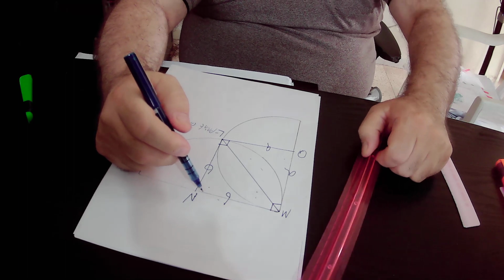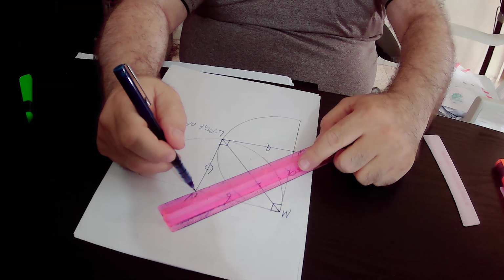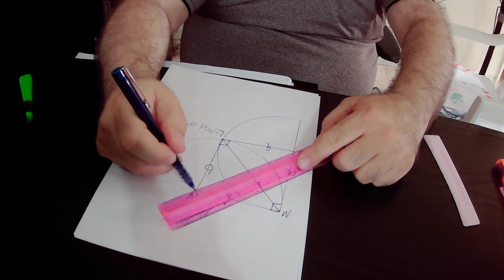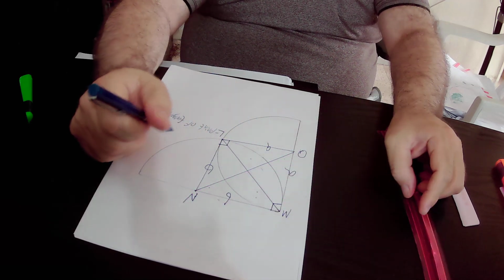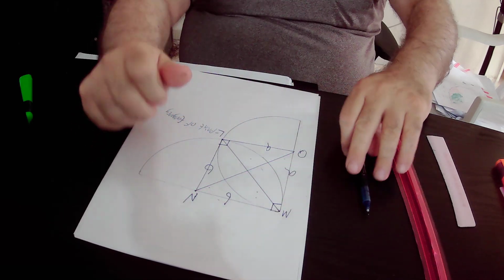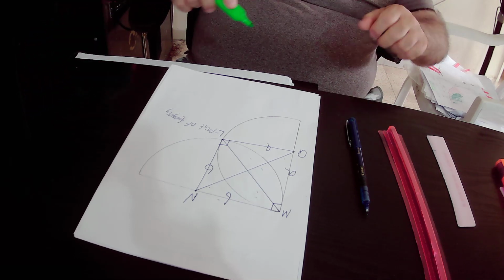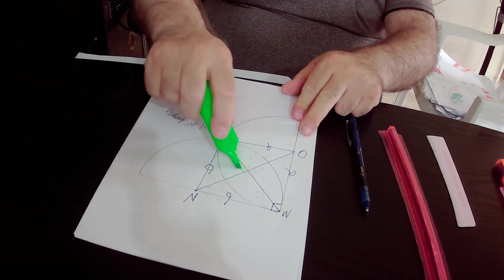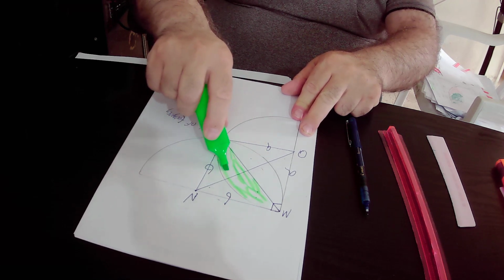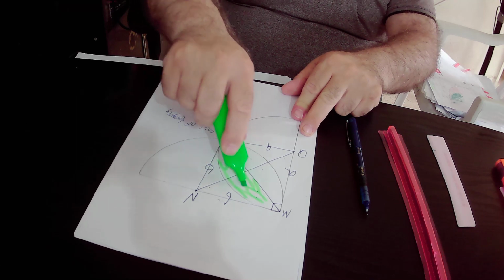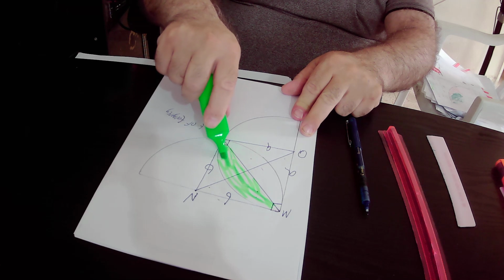In the next step, we'll join points O and N together by a straight line. So in the first step, we will find out the area of the upper circular segment of this lens, the green shape.